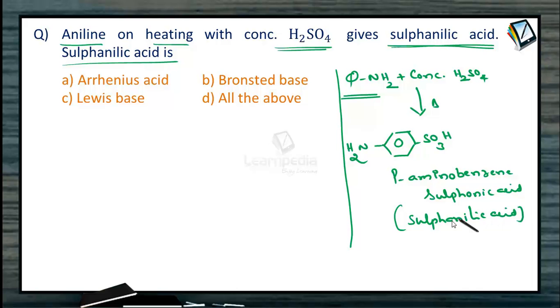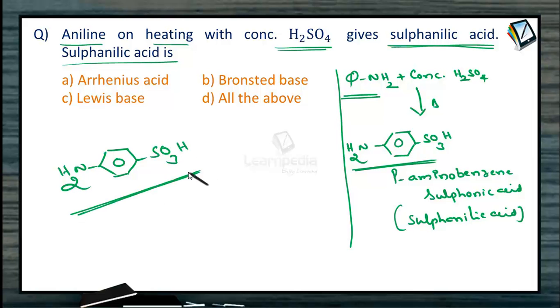Now the question is with respect to this para-amino benzene sulfonic acid. So this para-amino benzene sulfonic acid will act as what? Now in this para-amino benzene sulfonic acid, when you put it in water, this sulfonic acid group, which is an acidic group, gives the H plus to give hydronium ion as one of the products.